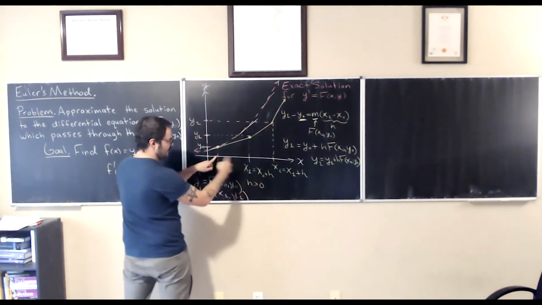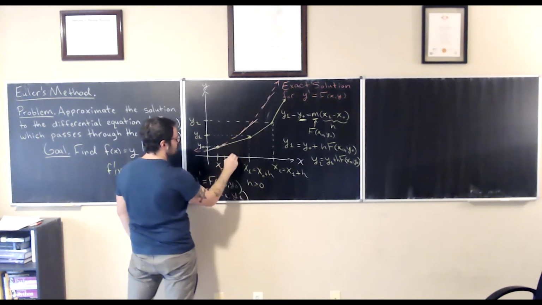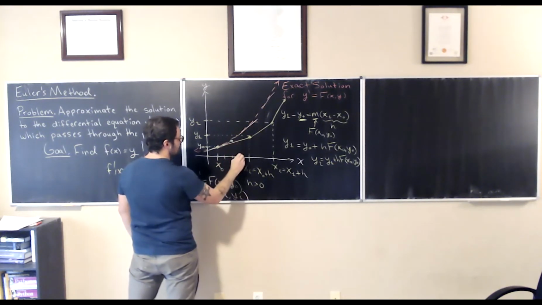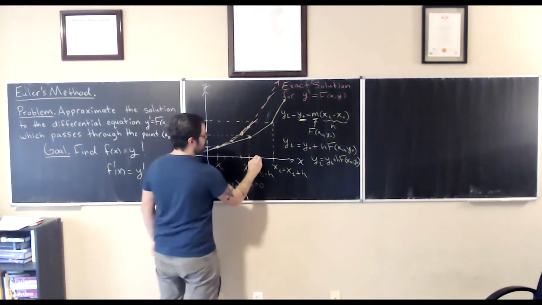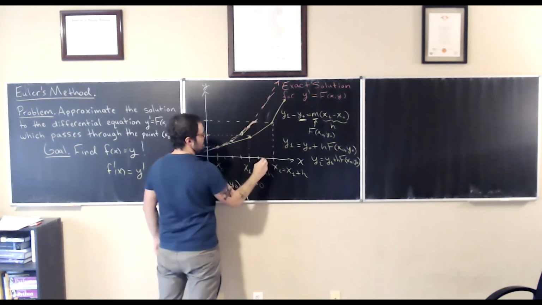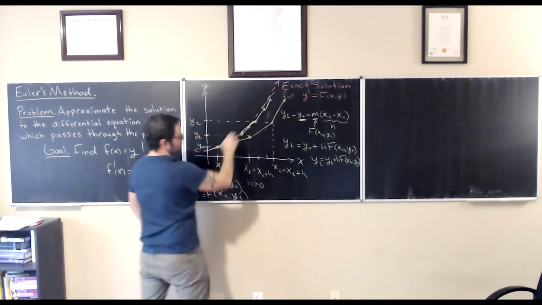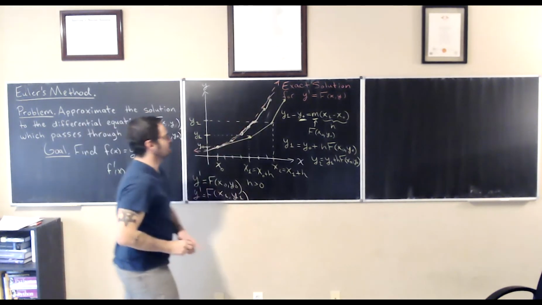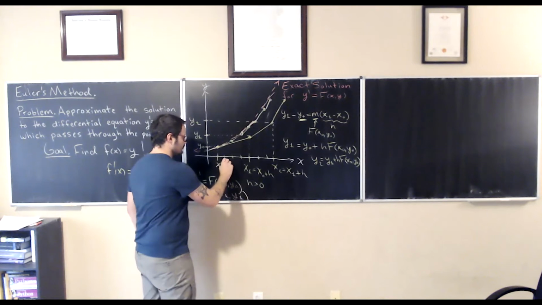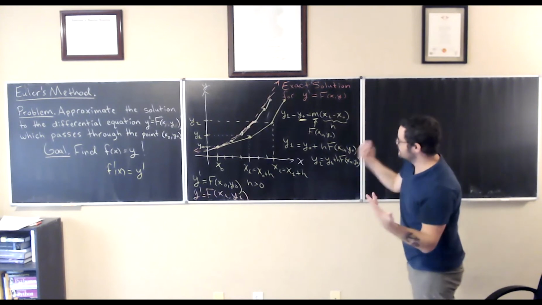If instead of using that size h, we did a smaller size h like that, you can see that the green line there is a closer approximation to the true, exact solution, by choosing smaller h. Okay?